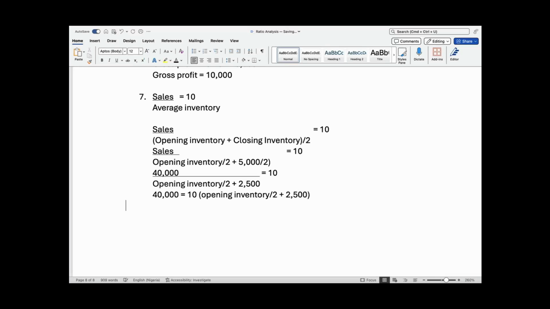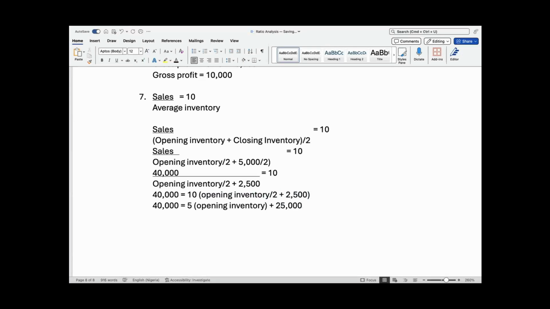So 40,000 equal to, if I multiply 10 by this one and 10 by this as well, then I will have, because 2 will cancel 5, that would be 5 into opening inventory plus, if I do 10 times that, that will be 25,000.